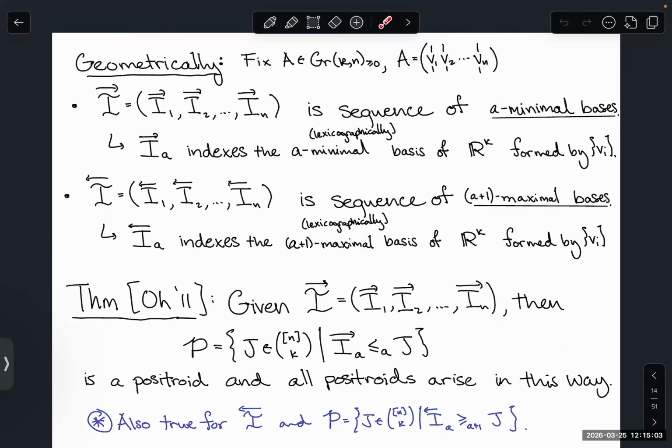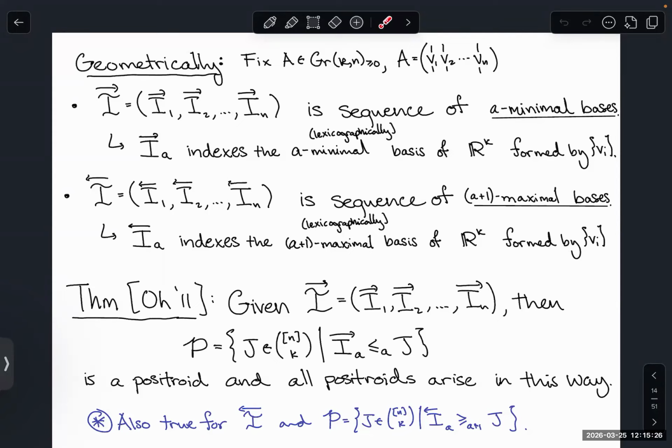All right. Geometrically, these Grassmann necklaces and reverse Grassmann necklaces have a little bit more meaning. If we go back to a point in the totally non-negative Grassmannian, with column vectors v_i, the Grassmann necklace is a sequence of A-minimal bases.